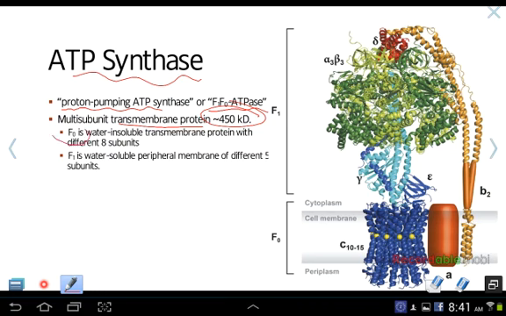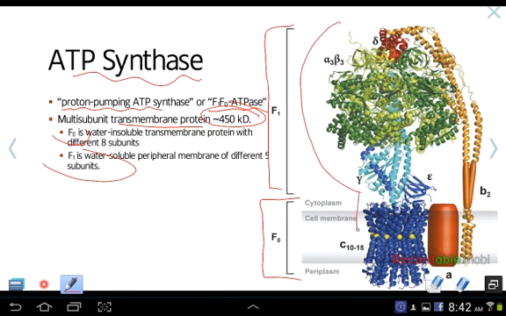F0 is a water-insoluble transmembrane protein with 8 different subunits. F1 is a water-soluble peripheral membrane protein that is comprised of 5 different subunits. And a lot of people say that it looks sort of like a lollipop. Let's take a little closer look.